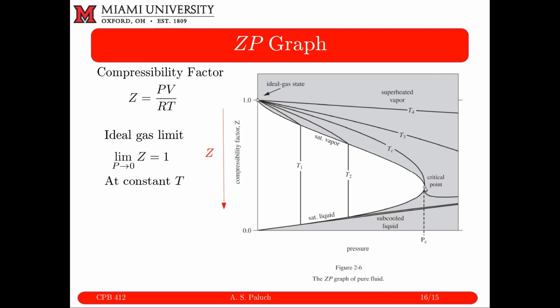The top of my dome is going to terminate at my critical point, and here I have isotherms plotted again. We don't have quite as many, so T1's a little harder to see. I'm going to go from low temperature all the way up to high. Here's my critical point, vapor region, liquid region, and then I'd be supercritical up here.